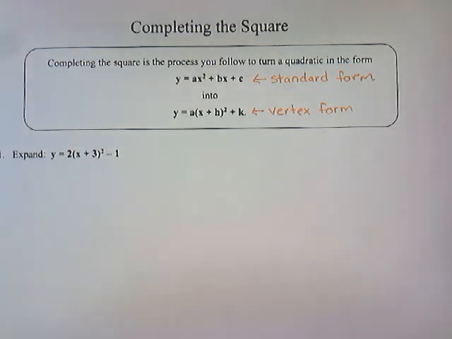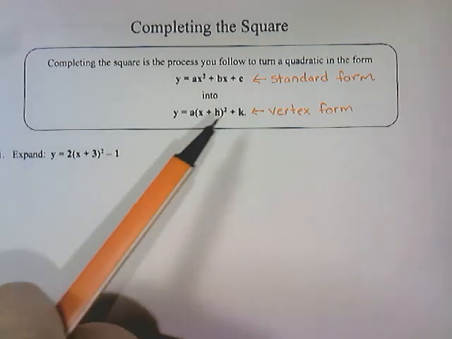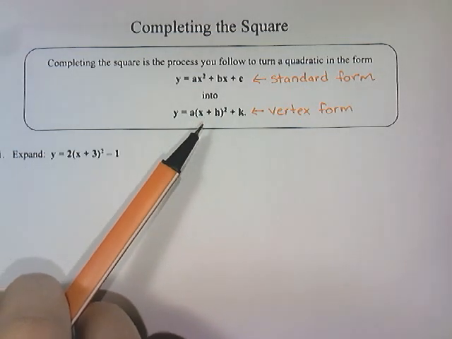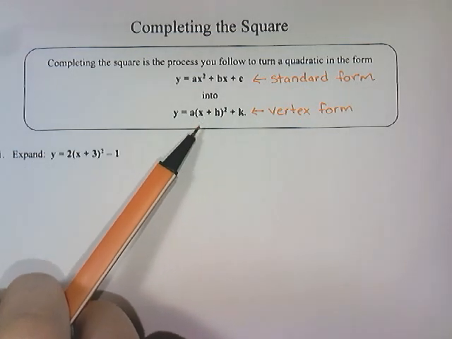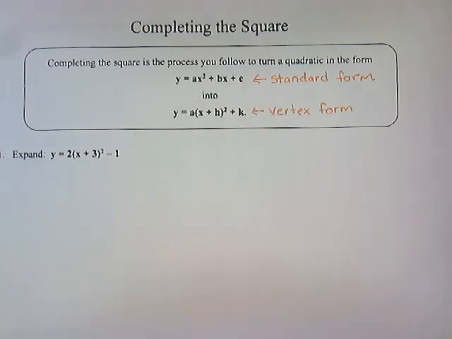So completing the square is a process that has a lot of steps. And in order to figure out what those steps are, the first thing we're going to do is try taking something in vertex form and turn it into standard form by expanding or multiplying it out.